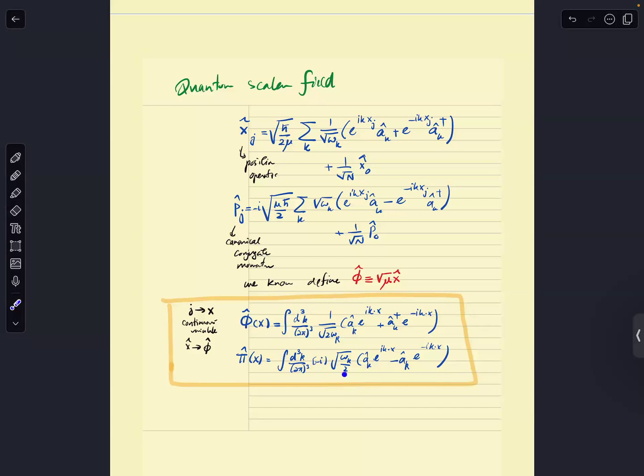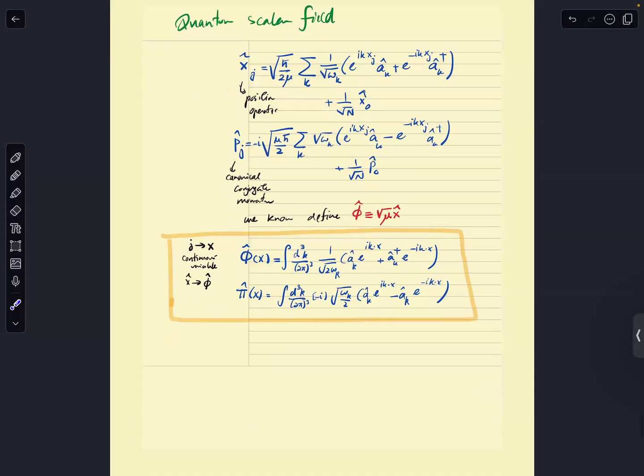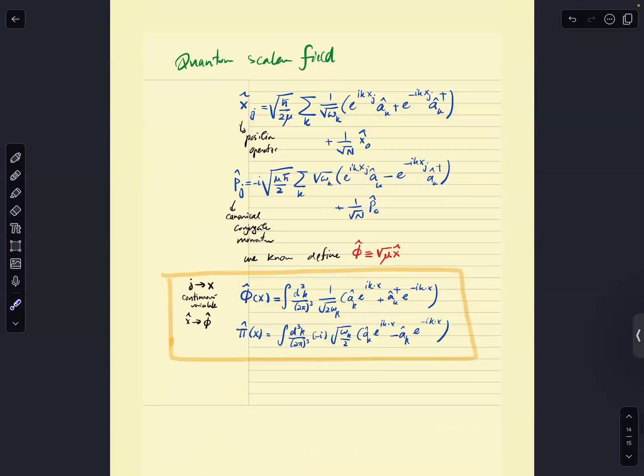These are the operators. x and t are just variables. Any questions?